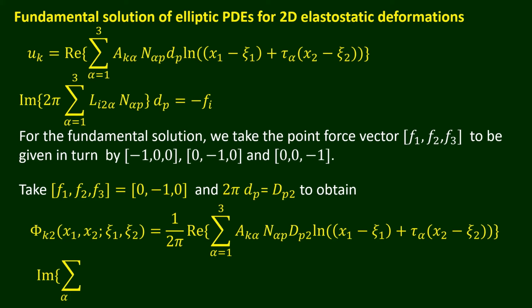And imaginary part of sum, alpha equals 1 to 3, L i2 alpha and alpha p, capital Dp2 equals delta I2.